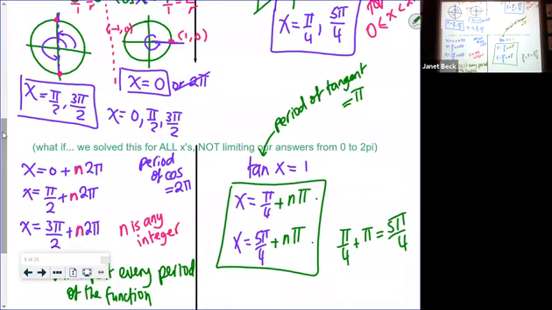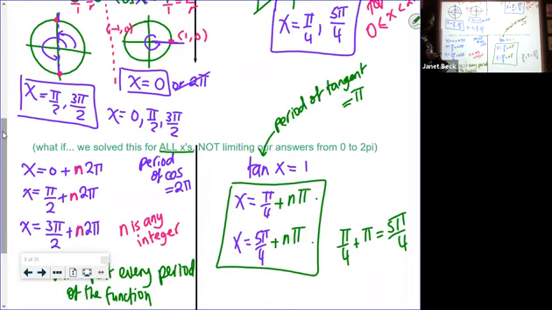It doesn't matter if you've written the answer twice. Don't worry if you didn't understand what I just said. Just know that if you're asked for all the solutions for all x's, not those limited from 0 to 2 pi, just add on n times the period of the function to each individual solution you've got.